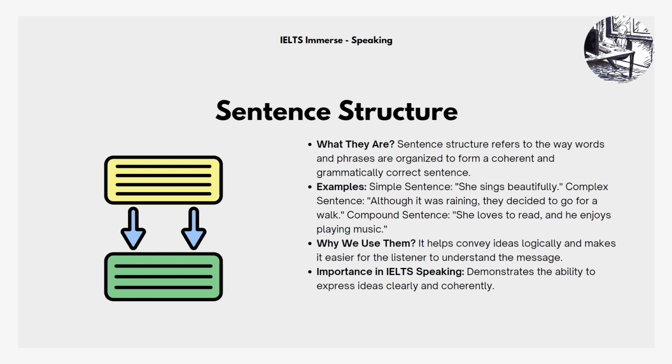So we have two clauses within this sentence. In a compound sentence: she loves to read and he enjoys playing music. As you see, we have a transition word that helps you link the 2 points that you're making. We talked about this before in fluency and coherence, and of course this is what we're alluding to when we say sentence structure.